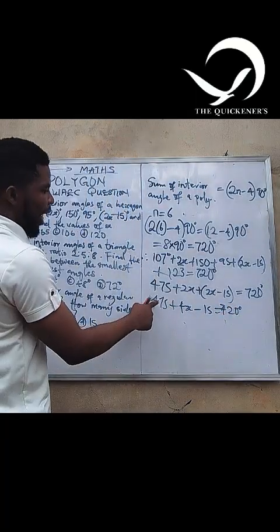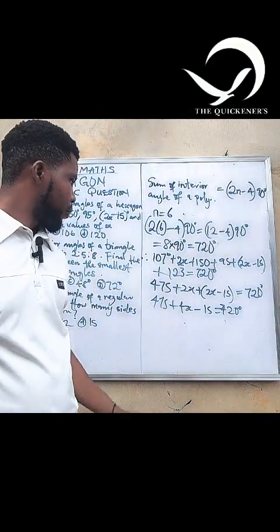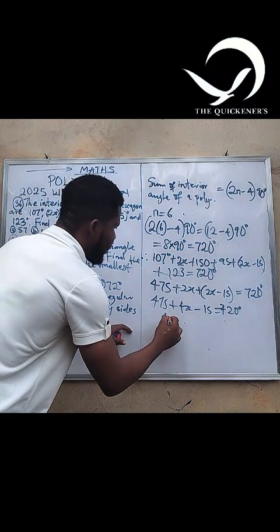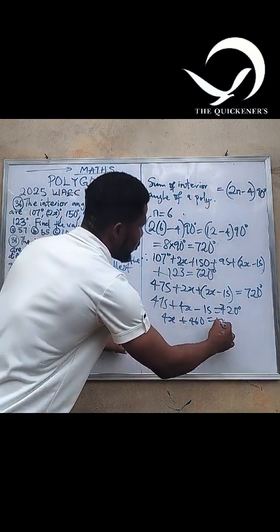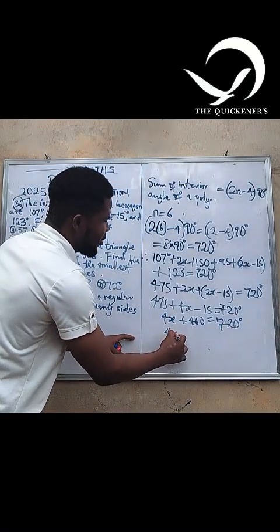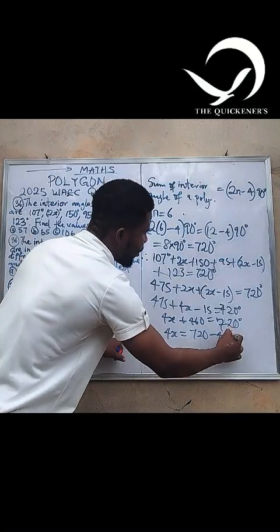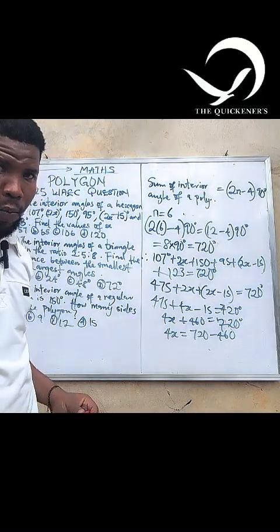Now 475 minus 15, that will be 460, right? So 4x plus 460 equal to 720. Now 4x equals 720 minus 460, that is when you subtract 460 from both sides. I hope you understand, right?